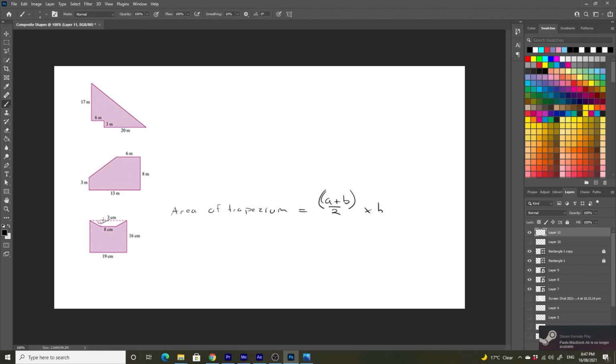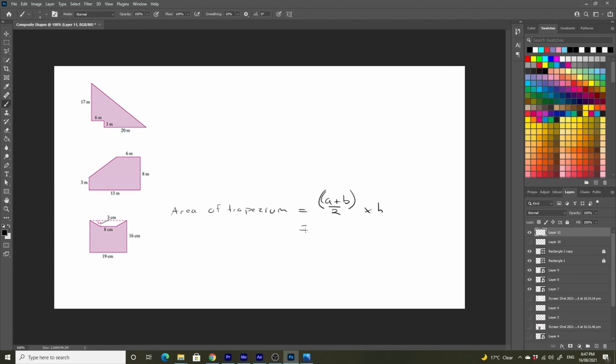If you look closely, they've given you the perpendicular height at 3 centimeters, and they've given you the lengths of A and B. One is going to be 8 centimeters, and the other is the same length as the original rectangle, which is 19 centimeters.